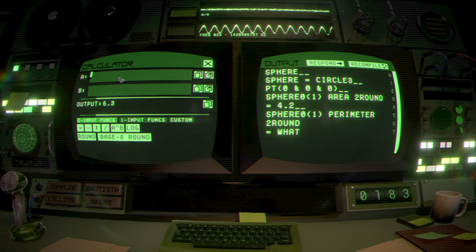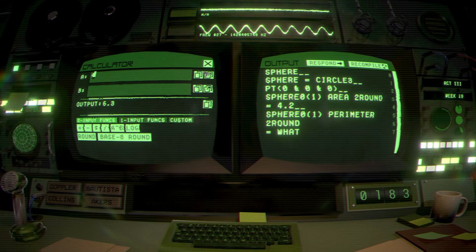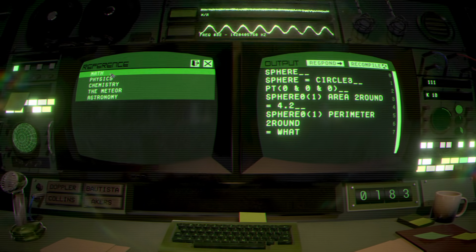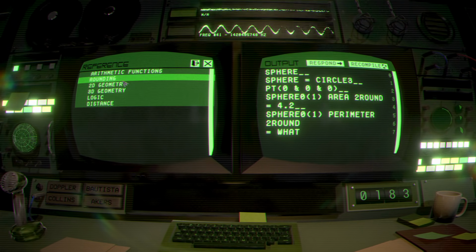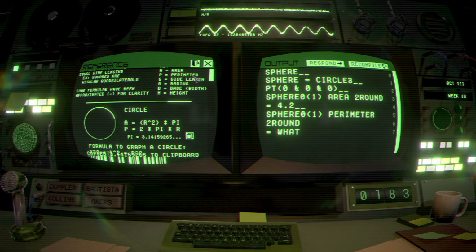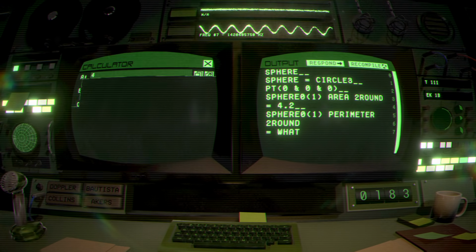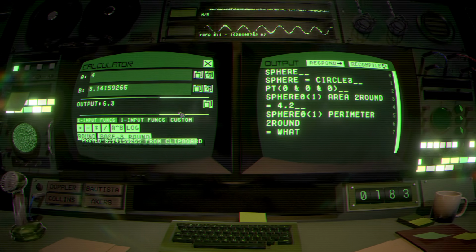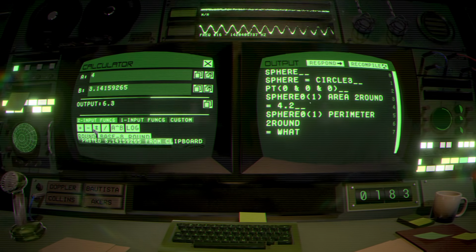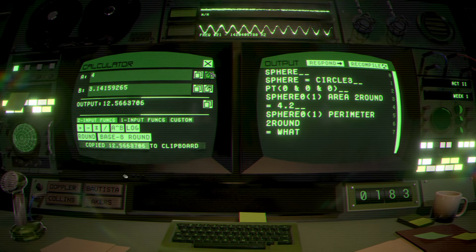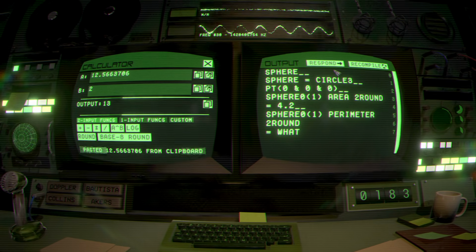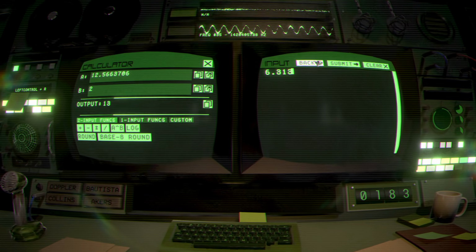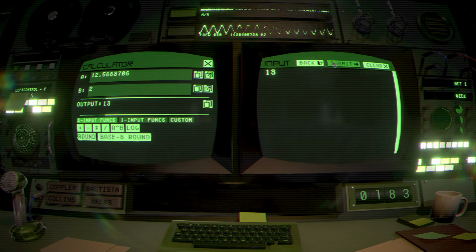Try that out. Let's go get pi. So 4 times pi, rounded to 2, please. 13. Let's see if that's correct.